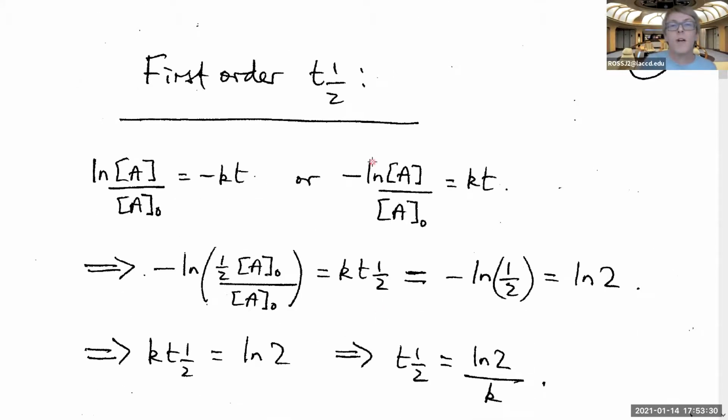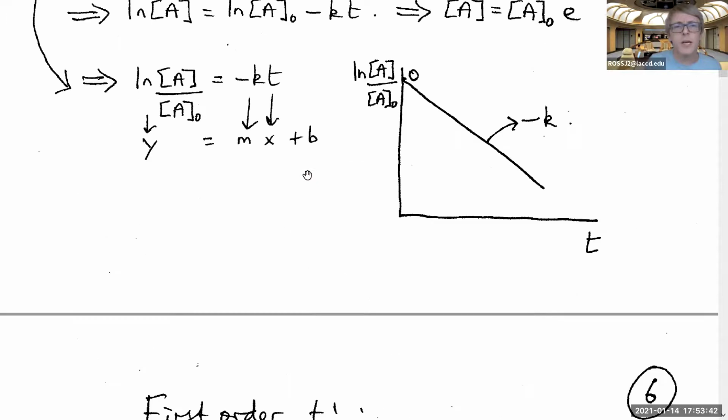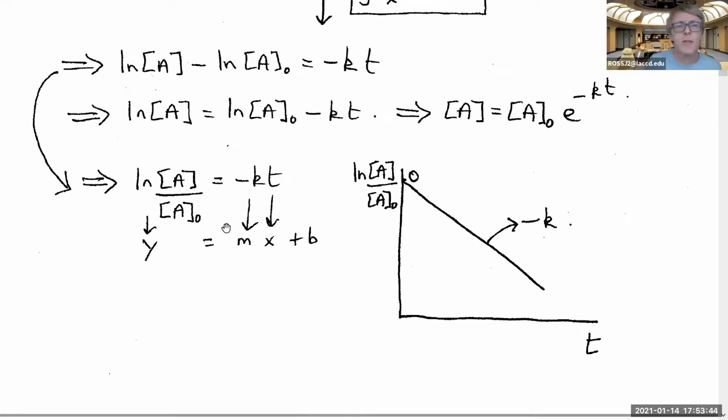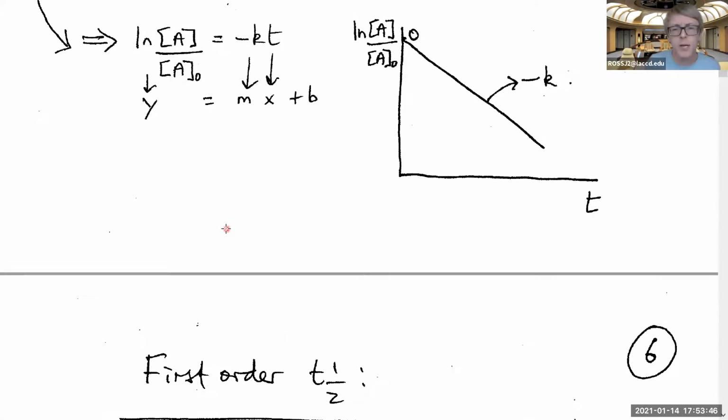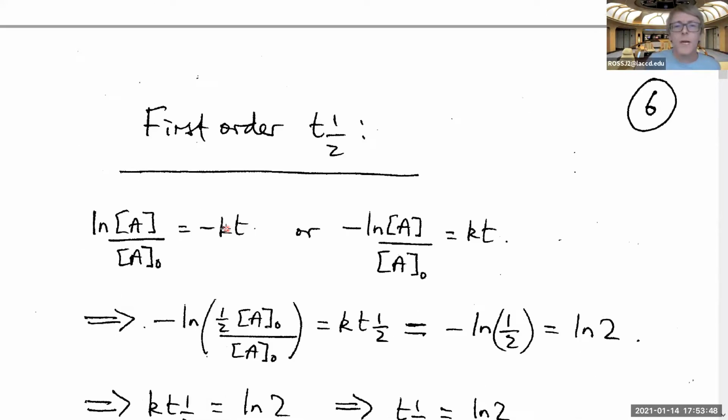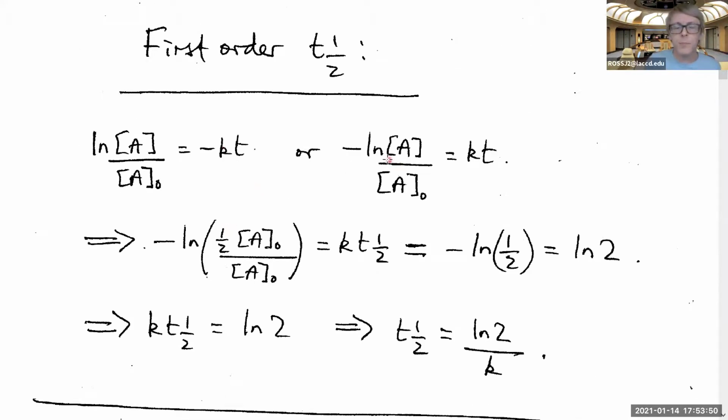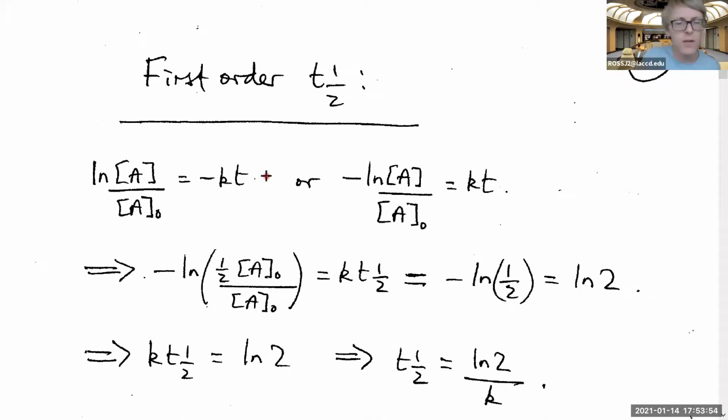So we'll take our first order integrated rate expression and we'll calculate the half-life. So from our expression here, I'll take this one here on the left, the y is mx plus b expression. We can, again, assume that at the half-life, all t's become t1/2.